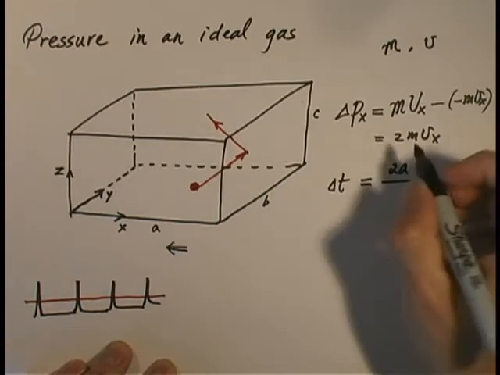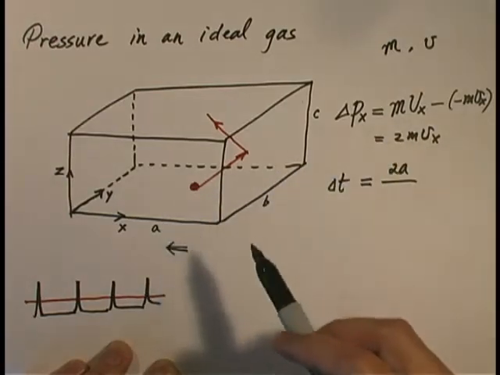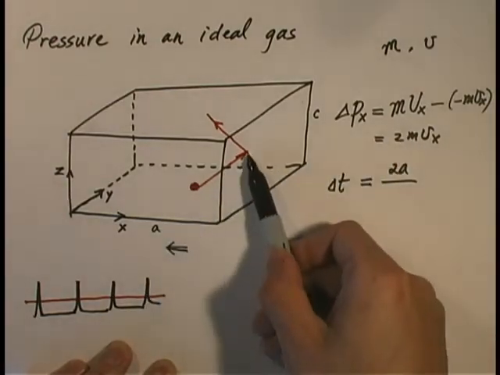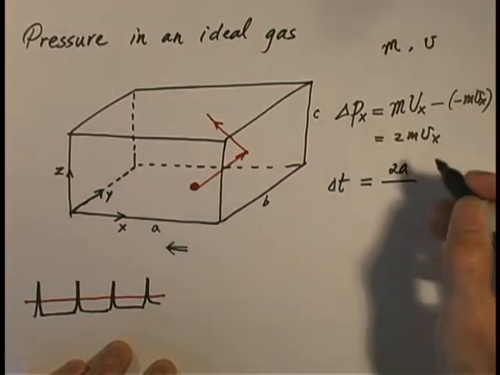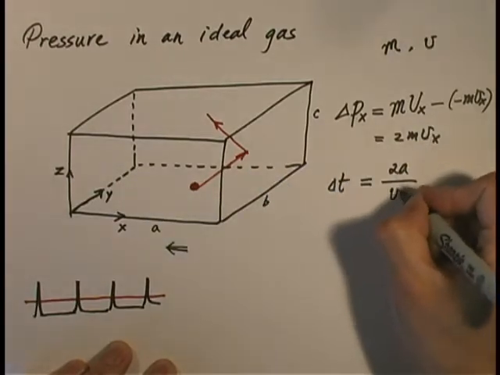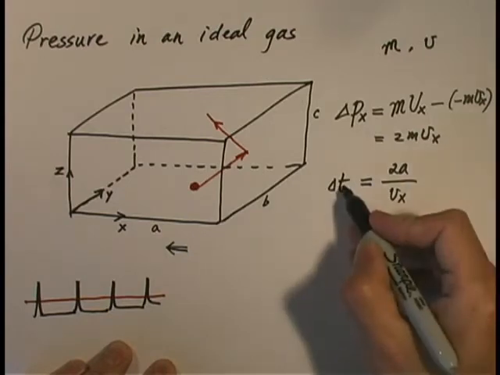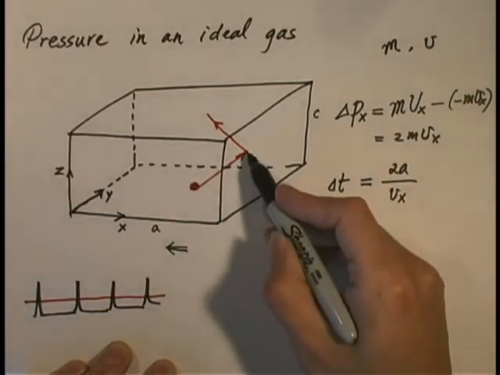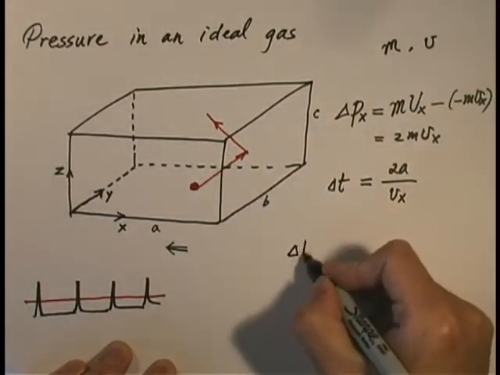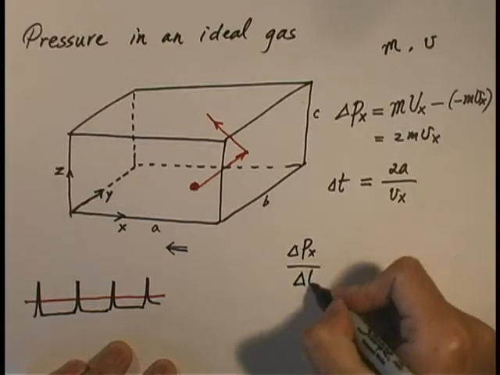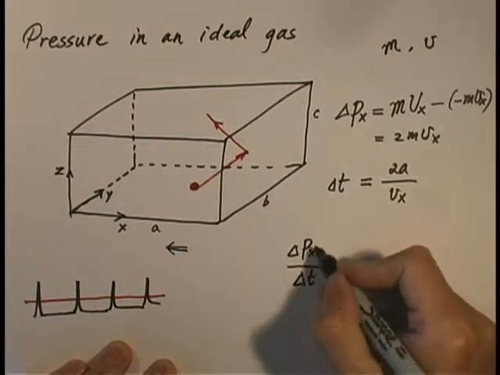And you have to divide this by the speed of this molecule. Now the speed never changes because remember this is elastic collision. It doesn't change the speed, only changes the direction of motion. That's Vx. Okay, so over time delta t, what is the average rate at which the momentum of this molecule changes? That would be delta px over delta t, right? The rate of momentum change. Okay, delta p over delta t.